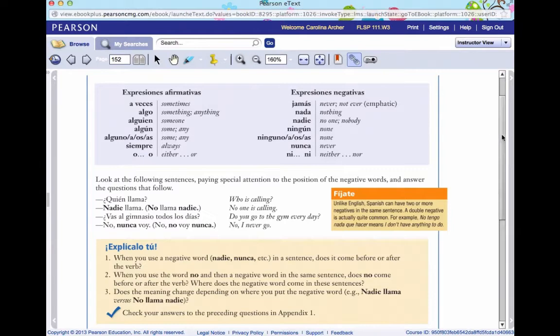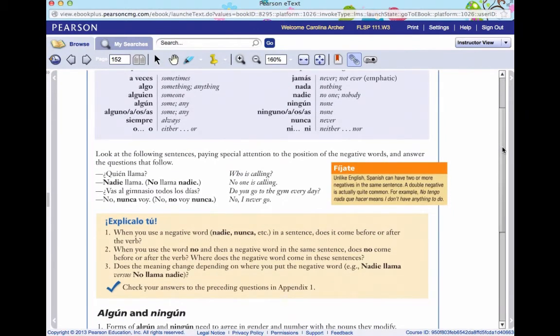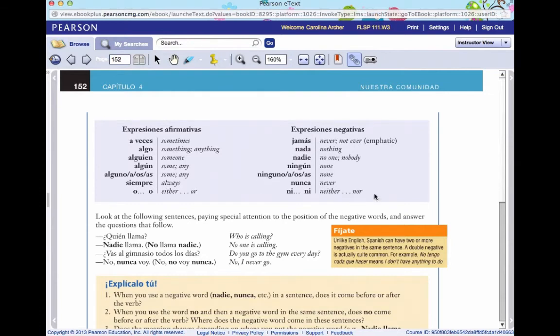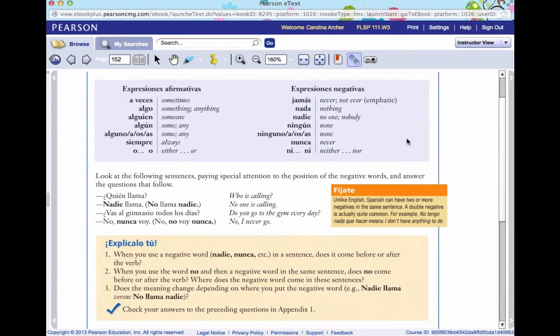Muy bien. So the thing here with the expression is that, especially with the negative ones, in English you can't have double negatives, okay? In Spanish we do. So that is something that you need to keep in mind, because especially with the word nada and nadie, in English you use them in a sentence like she is doing nothing.